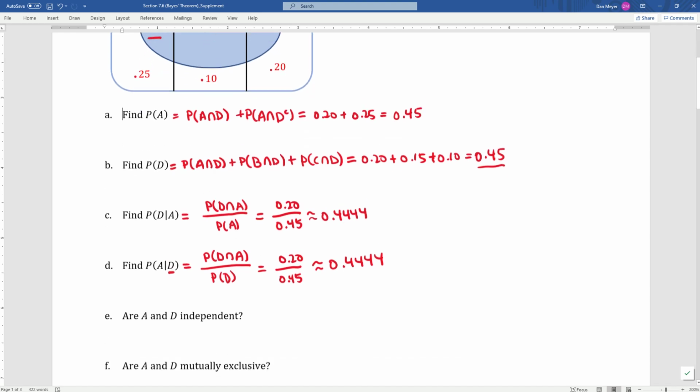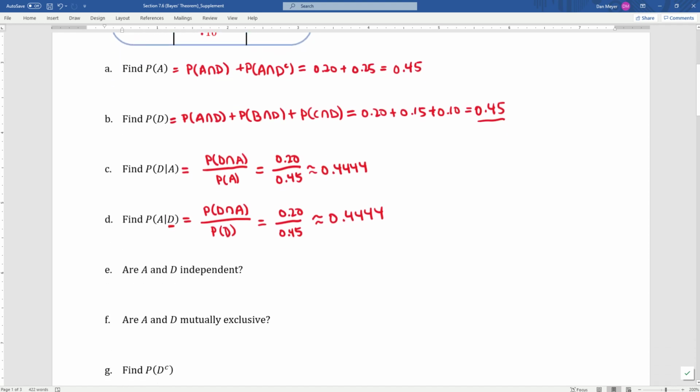In E, we're asking, are A and D independent? And there's a couple of ways of answering this question. There's the test for independence that asks, is the probability of A and D equal to the probability of A times the probability of D? If the answer to that question is yes, then they're independent. So let's look at that. Probability of A and D is 0.2.